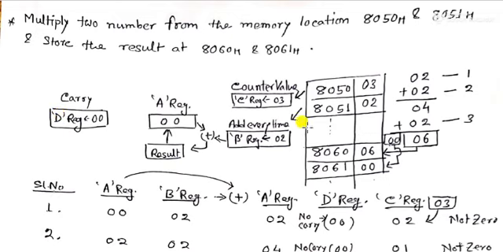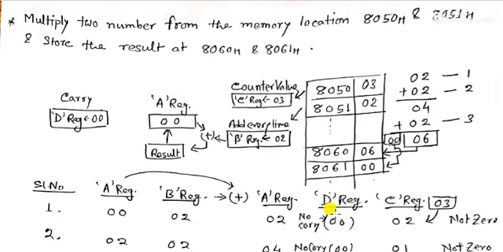Then we move the content of address location 8050 to the C register, and the 8051 location's value to the B register. Then we add the two registers, A plus B, and here we check whether carry is generated or not.